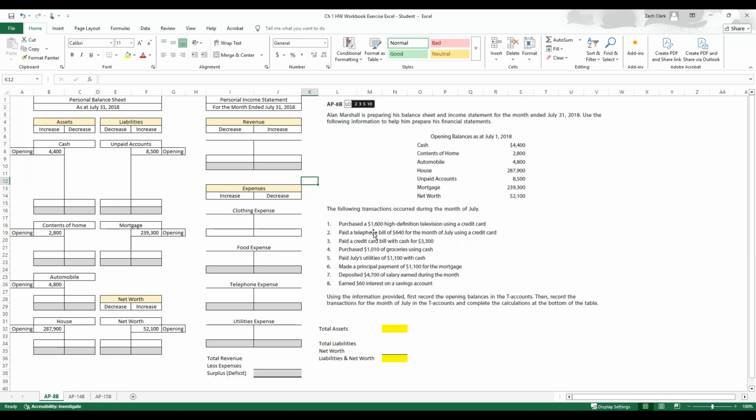And let me touch briefly at this point on the definitions of revenues and expenses and how they differ from the concepts of assets and liabilities. As I mentioned earlier, assets are things that you own. Liabilities are amounts that you owe.